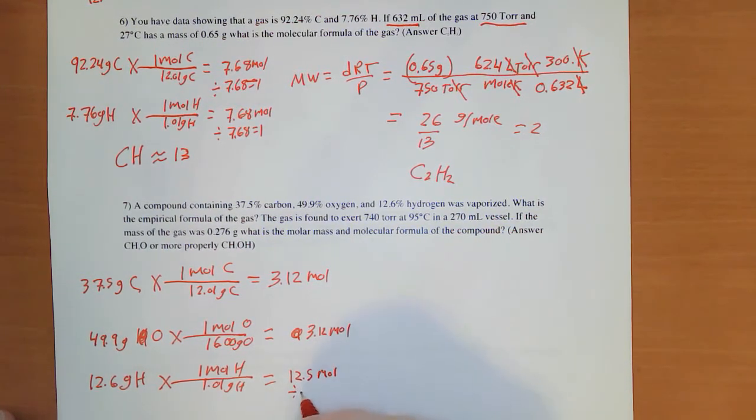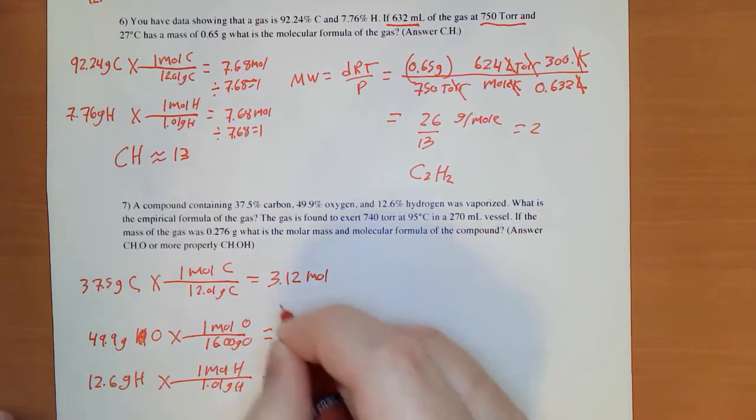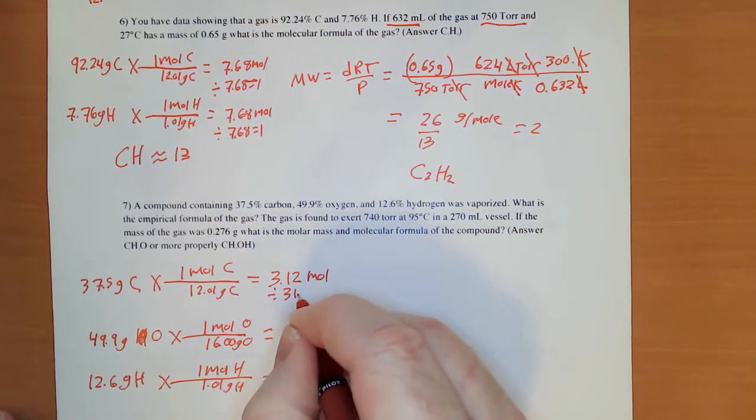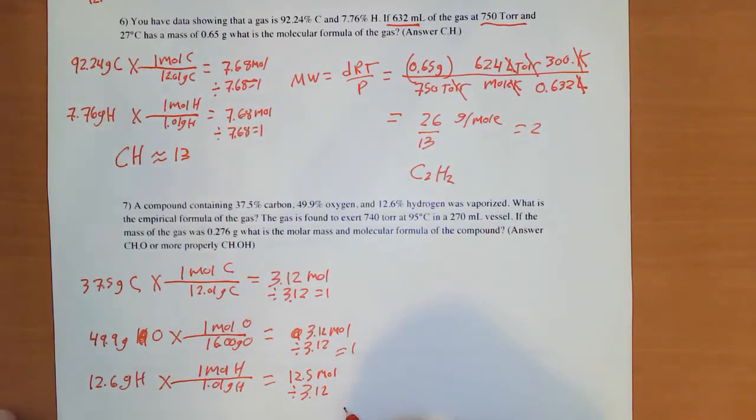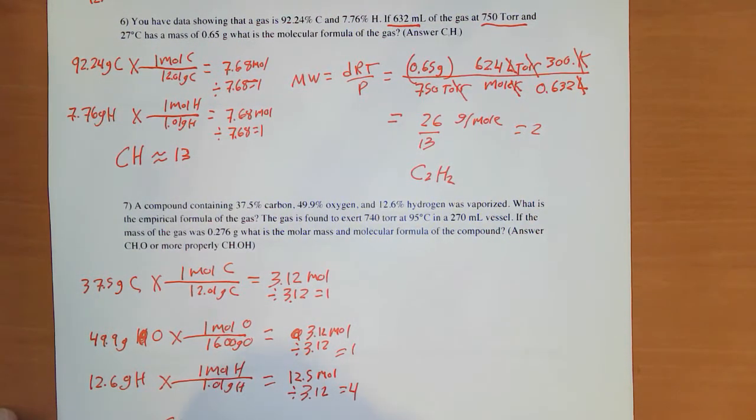So when I divide that by 3.12 for every value, equals 1, and that equals 4 basically. Okay, so it looks like I'm looking at CH4O for my empirical formula.